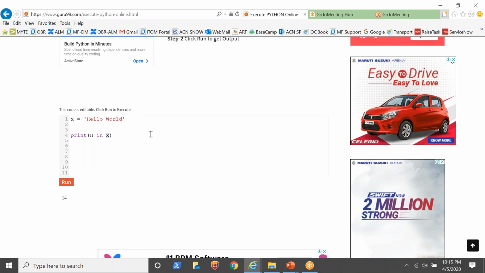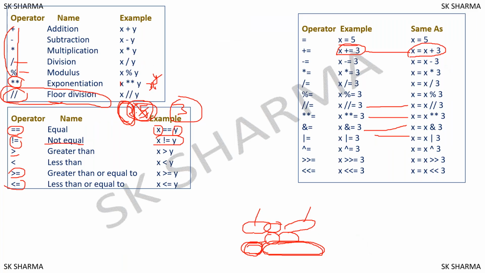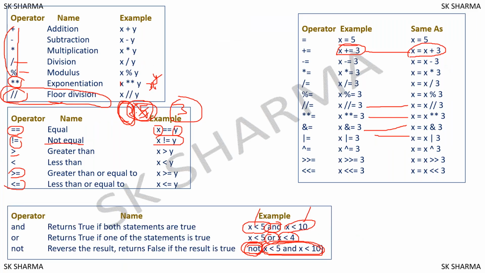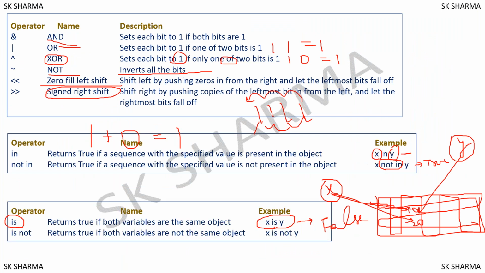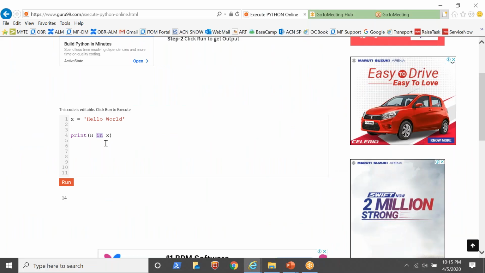What is x? x is a variable, right? And what is in? In is my membership operator. It checks whether one value is present in another. So I want to see whether h is present in x. It should give me the answer either true or false.